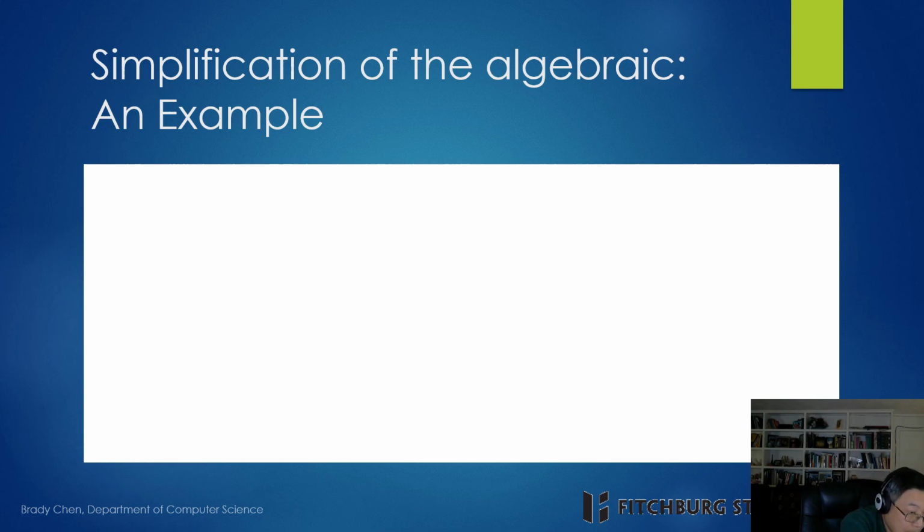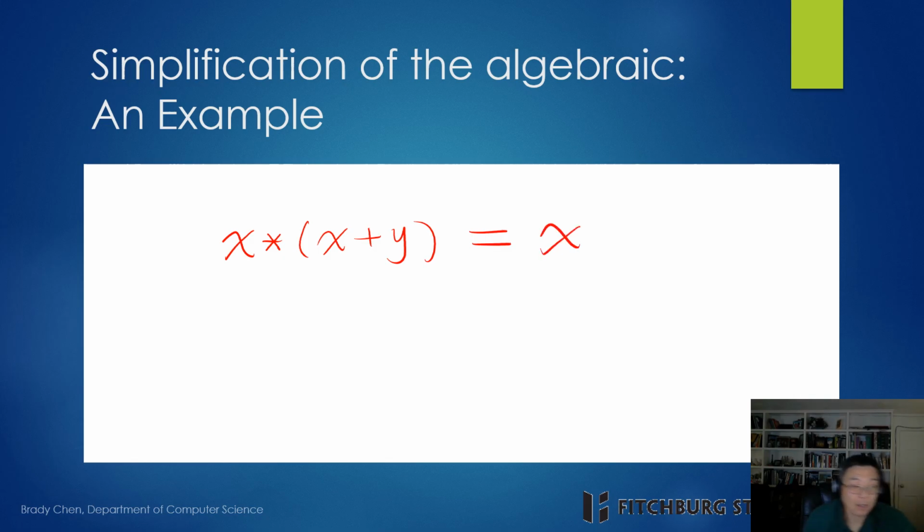We remember that x times x plus y is the same as x. That means the expression on the left is identical to the expression on the right. Clearly these two are identities, so they generate the same value.